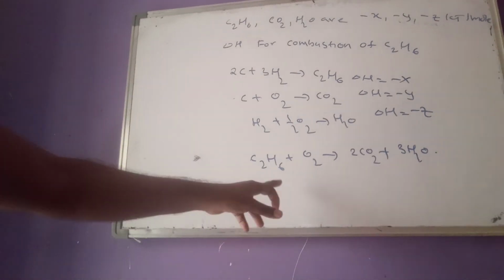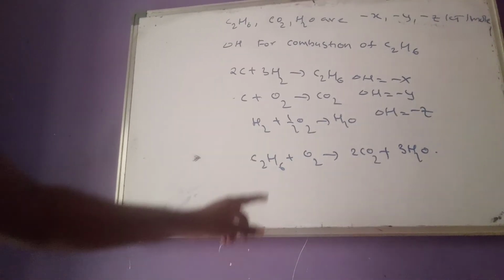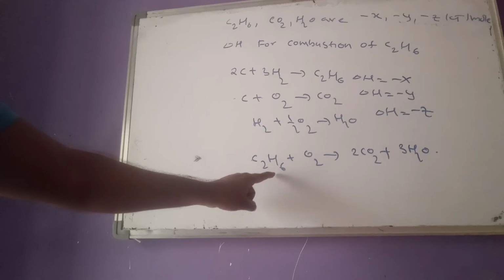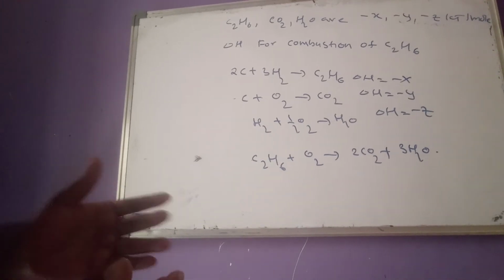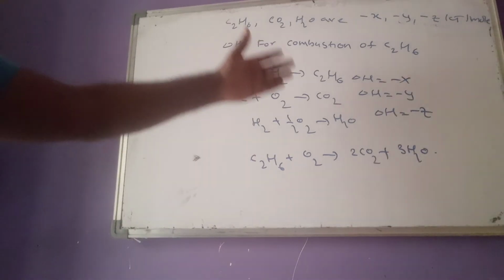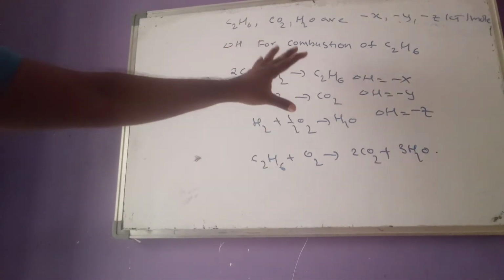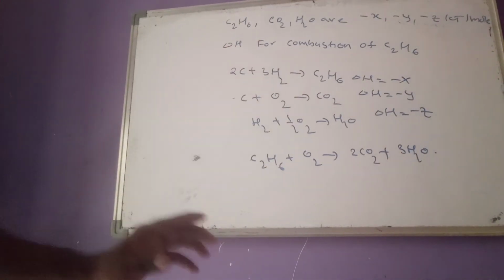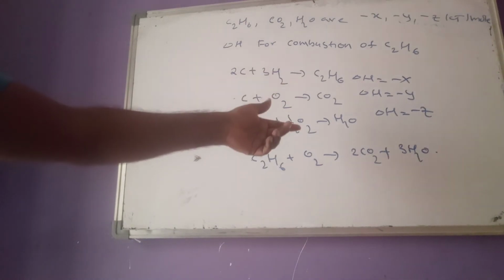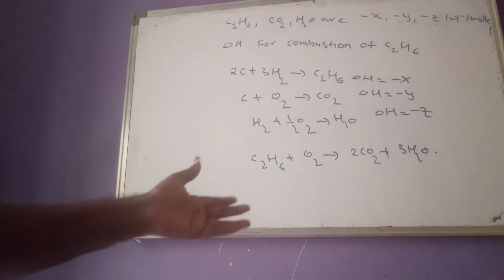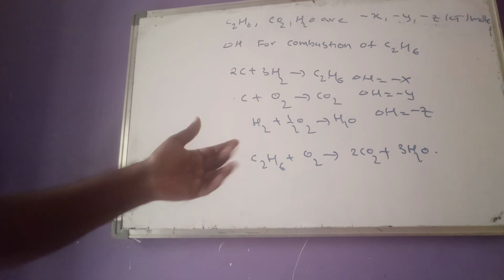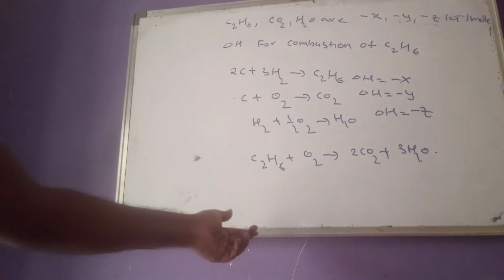So this is the required equation, and we need the delta H value for it. How to solve this? No need to solve the total equations. Just by deciding which factor to multiply with and which equation to subtract, we can get the delta H value.